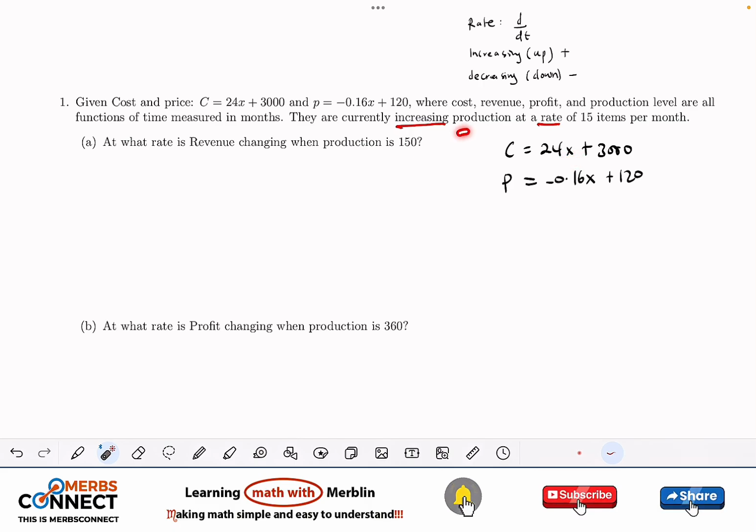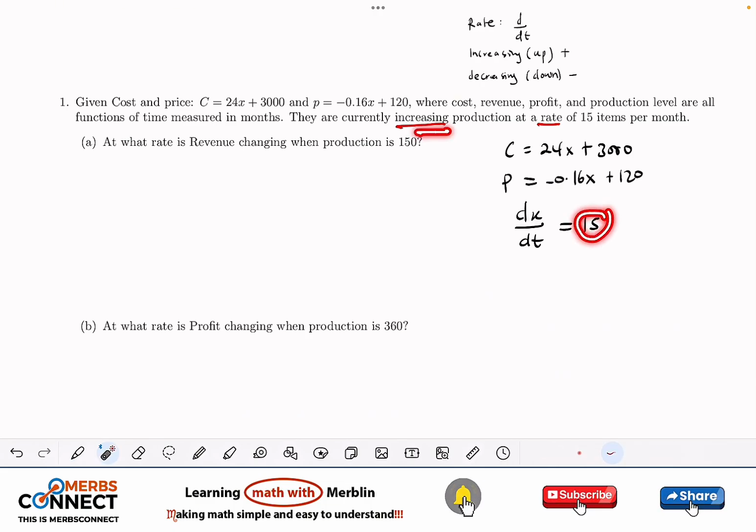So they are currently increasing production at the rate of, this is going to give us dx over dt, which is equal to 15. You see how I was able to get the information there.